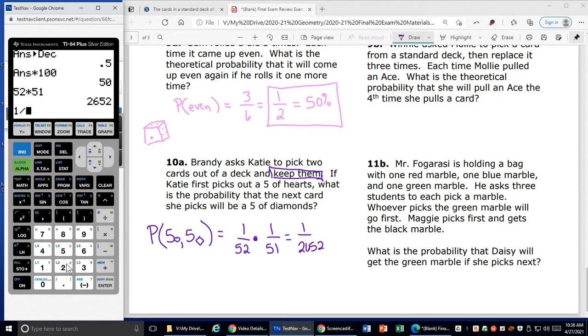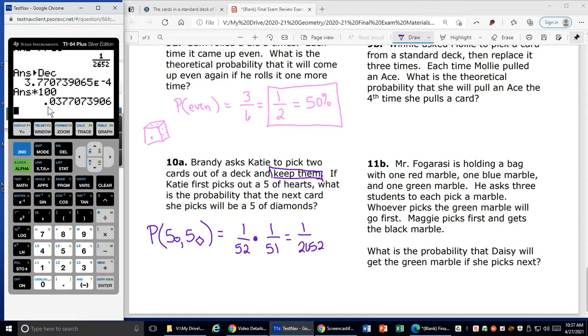1 divided by 2652, math, fraction, 1 over 2652. Now, if I make that a decimal, it does this little e to the negative 4. Let's see what happens when I multiply it by 100.